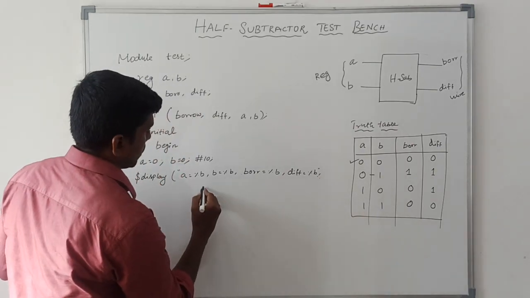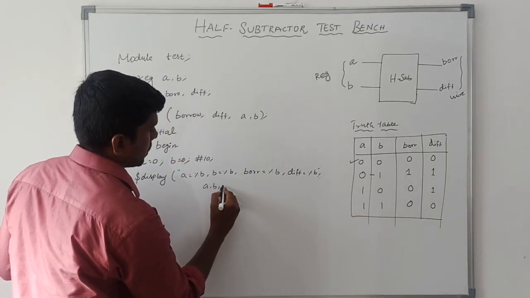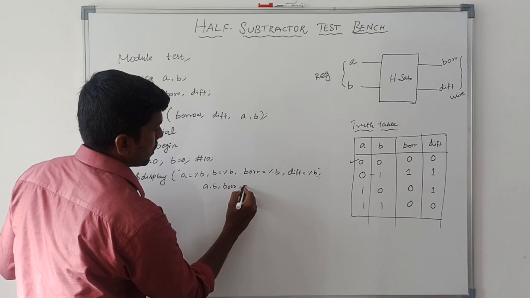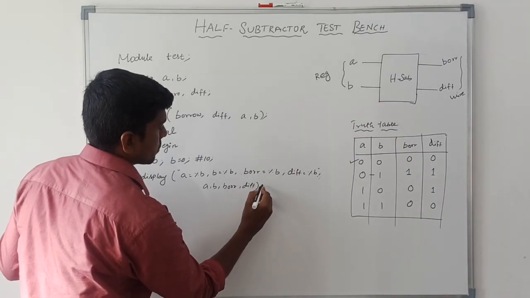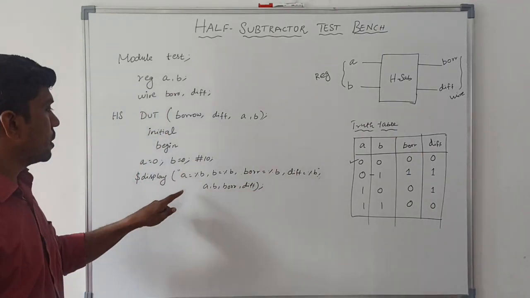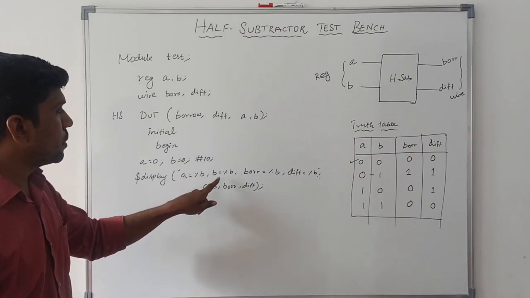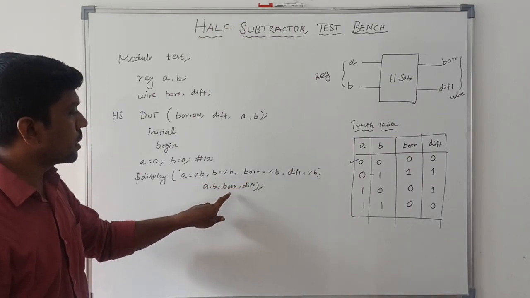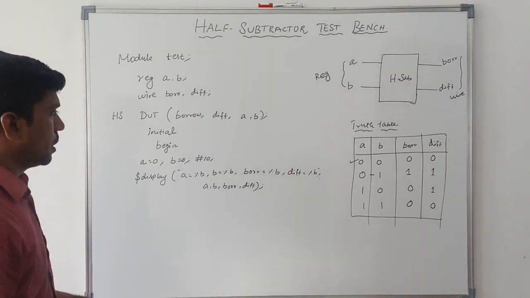So A comma B comma borrow comma difference. After 10 nanoseconds, it changes the A value and B value, then it reflects in the result, borrow and difference.